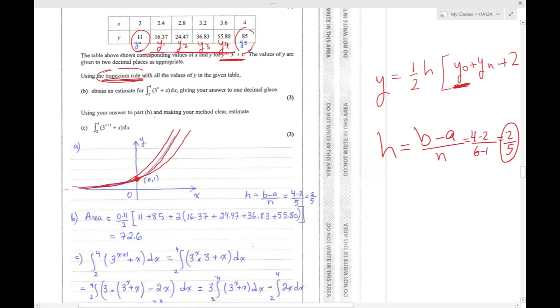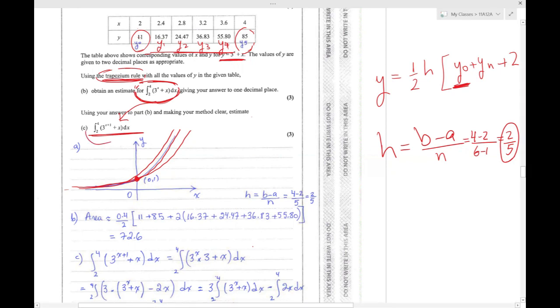Using your answer to part B and making your method clear, estimate this. Now they are using your answer for that to find this one. So you're not going to go through it using the table anymore because this has a different table.